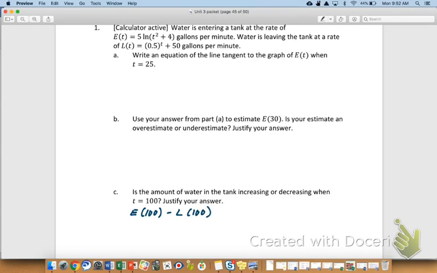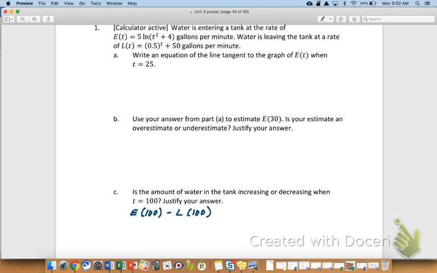I'm not going to find E prime or L prime, because E and L are already rates of change of the amount of water. If E and L were somehow related to the amount of water, then I would need to do a derivative. So I'm just going to leave them as is and evaluate E of 100 minus L of 100. This will tell me what I need to know.